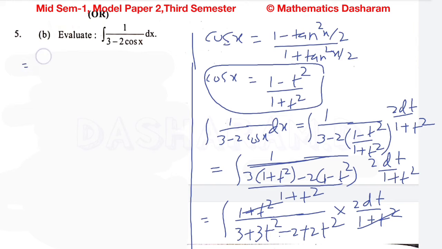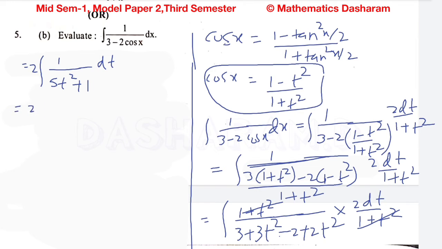So it is equal to integration, here numerator 2 is a constant, 2 by 3t square plus 2t square, 5t square, 3 minus 2 plus 1 dt.